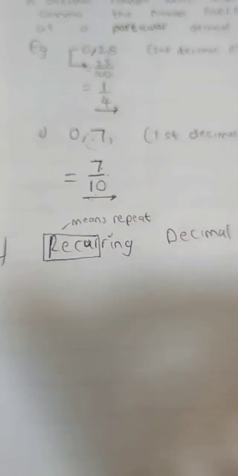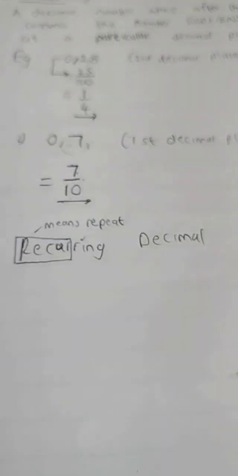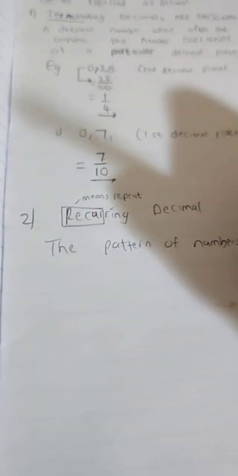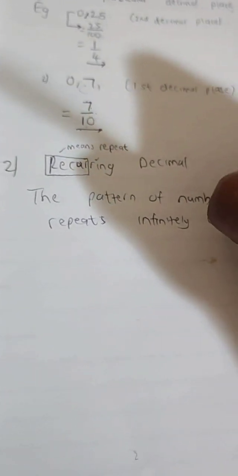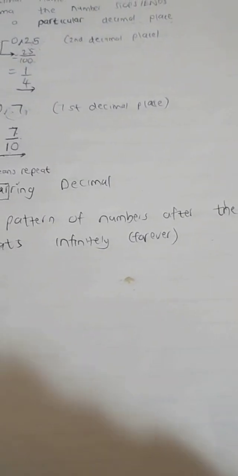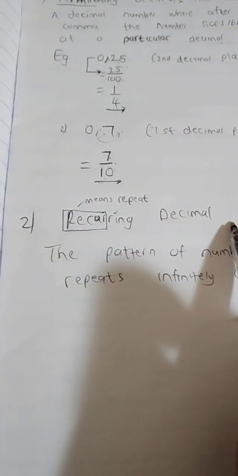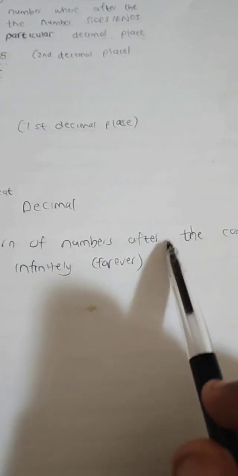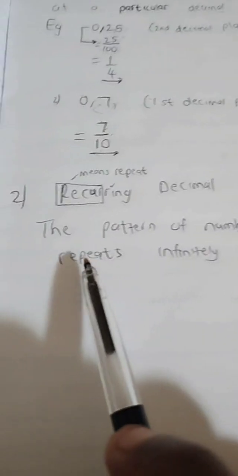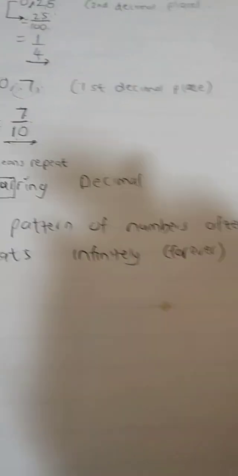So what is repeating? The pattern of numbers after the comma repeats infinitely, or in other words, forever and ever. I repeat, in a recurring decimal, the pattern of numbers after the comma repeats infinitely.